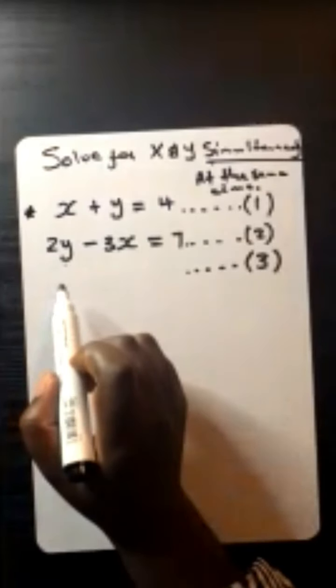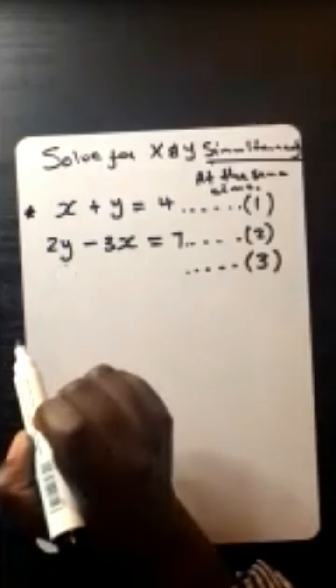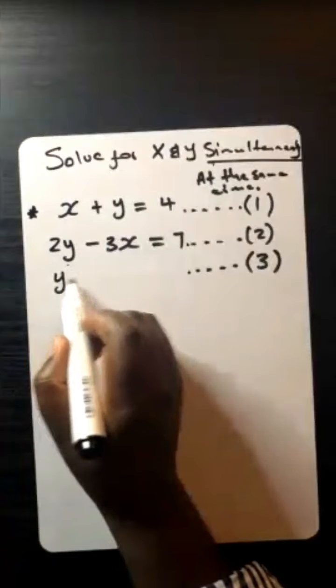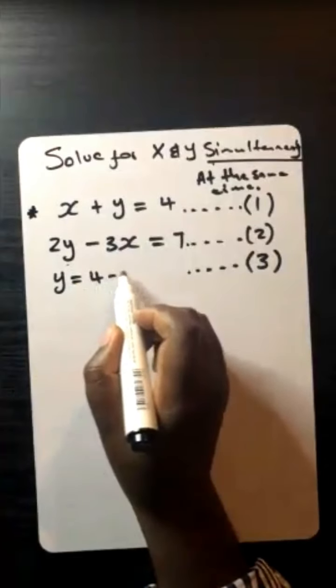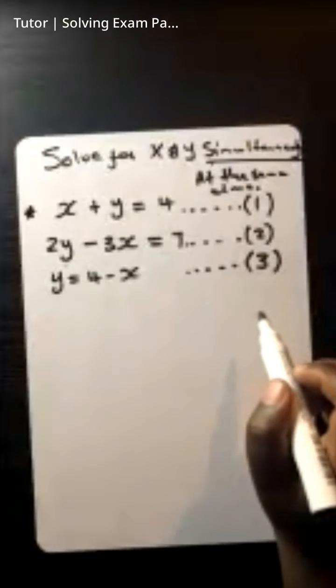So I'm going to make y the subject of the formula. That means y equals 4 minus x. I hope everyone agrees with me on that one.